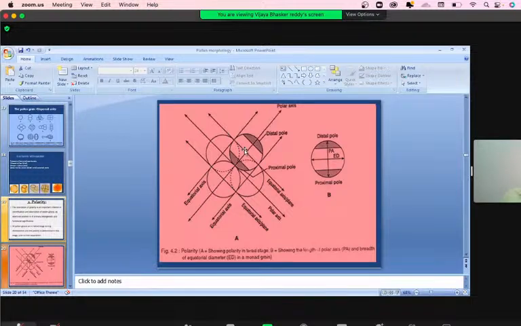Just see, this is a tetrad. The surface facing the center of the tetrad is called the proximal side, or proximal pole. The place away from the center is called the distal pole. For this pollen grain, this is the proximal pole and this is the distal pole. Like this, we can identify the two poles. Each pollen has two poles: one is the distal pole, and the other is the proximal pole.